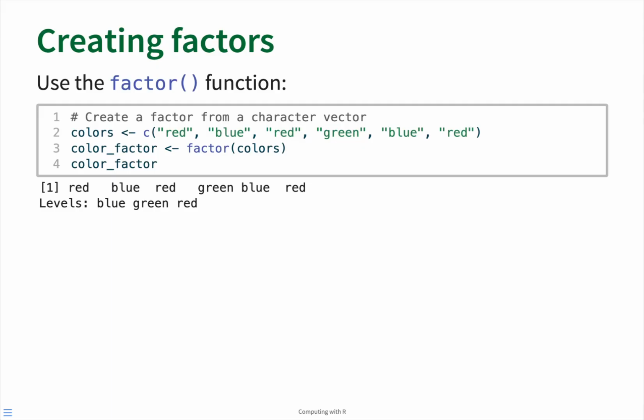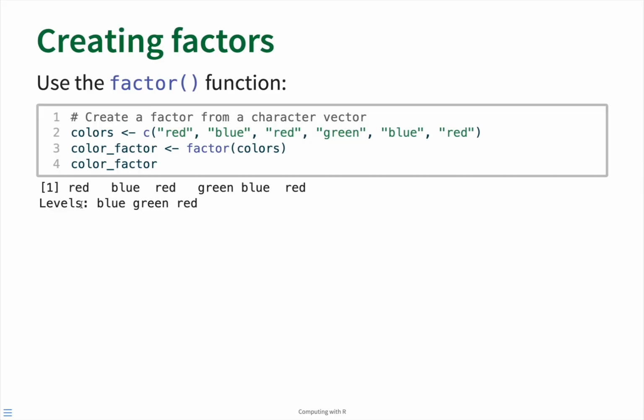The way we create a factor is using the factor function. So if we have a vector, like the colors vector that you see here, then we can pass that to the factor function. And the result will be a factor like you see here. R has detected that there are only three categories, three different unique colors in this vector.